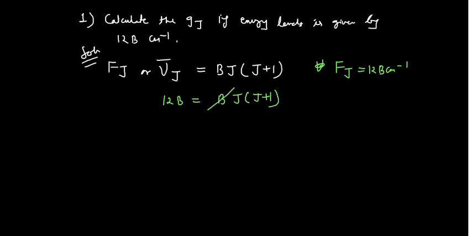So B gets cancelled, and if you solve this, 12 equals j square plus j, or simply you can write j square plus j minus 12 equals 0. You can rearrange this particular equation, and at this point you need a little of the mathematics of your class 10th.